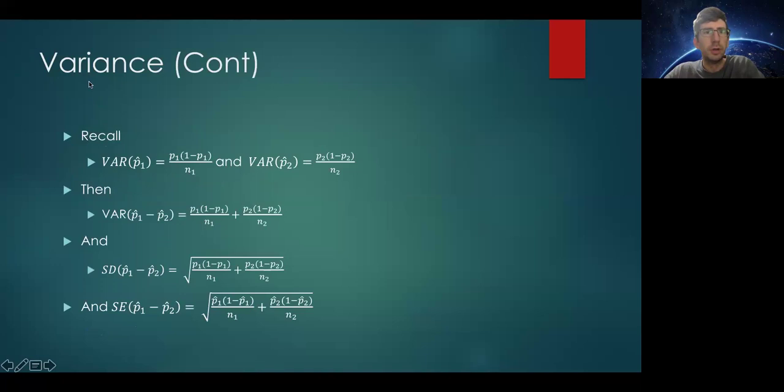So remember the variance of our sample proportion, we'll call it p hat 1 here because now we have 2, is just equal to the population proportion 1, right? So the population that our sample came from, times 1 minus that P1, over n1, our sample size. And then the variance for a second sample proportion, right?